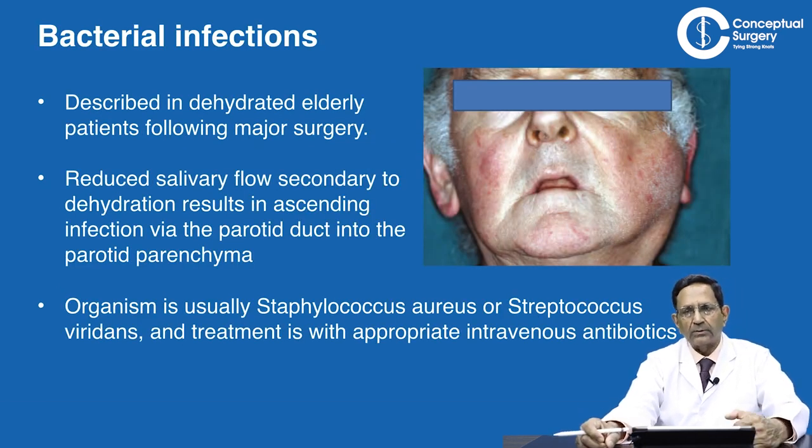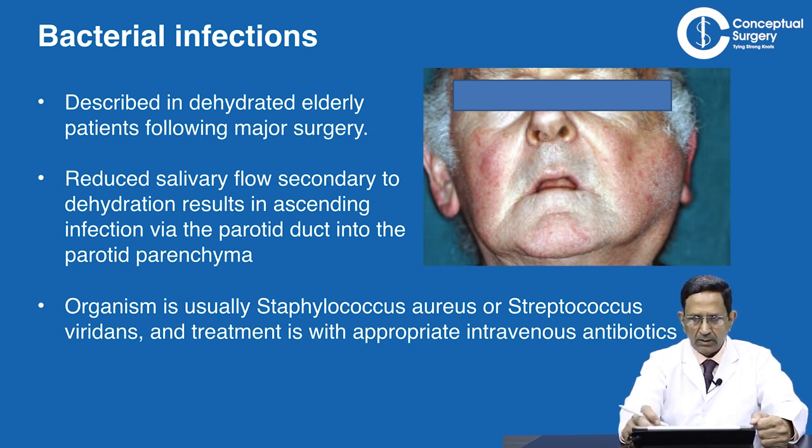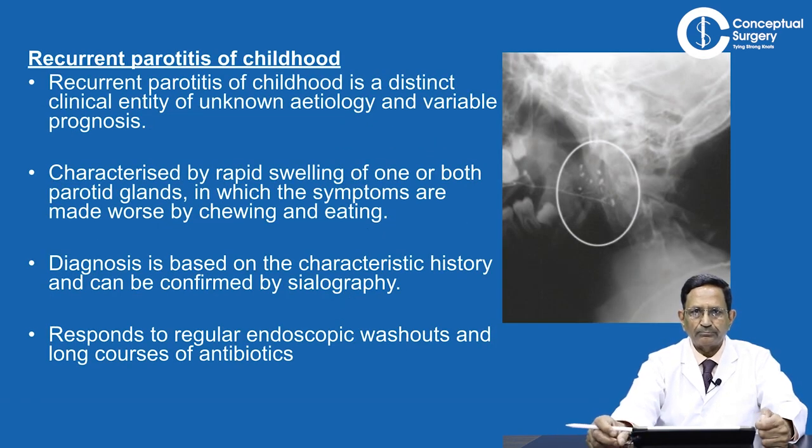Bacterial infection, as we are talking about when we are seeing the patient, usually occurs in a dehydrated patient, or an elderly patient who has undergone a surgical procedure, because there is reduced salivary secretion. Dehydration results in ascending infection from the oral cavity through the parotid duct. Organisms are usually staphylococcus or streptococcus, and treatment is intravenous antibiotics and adequate fluid.